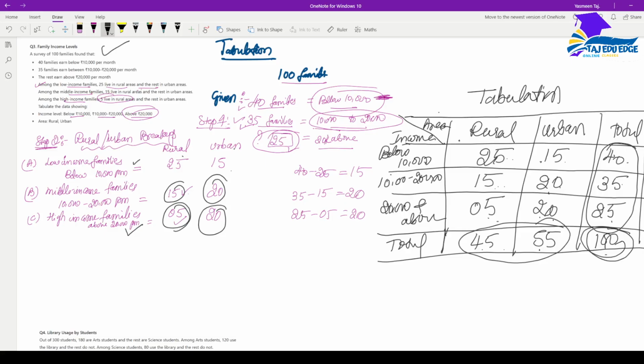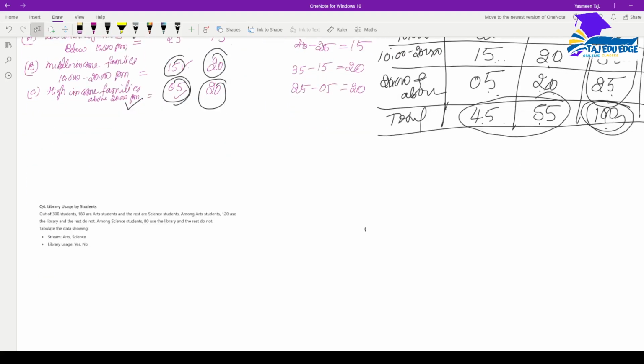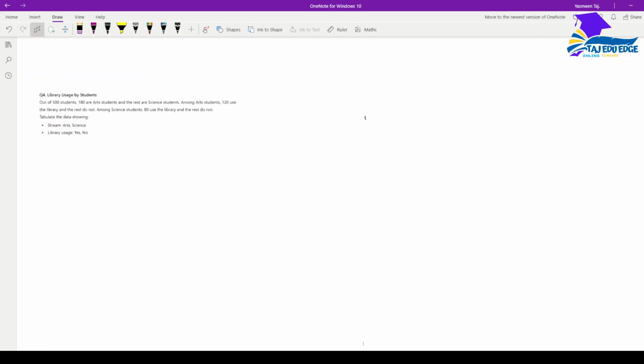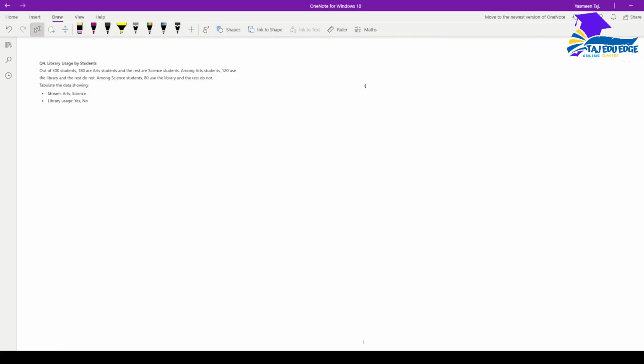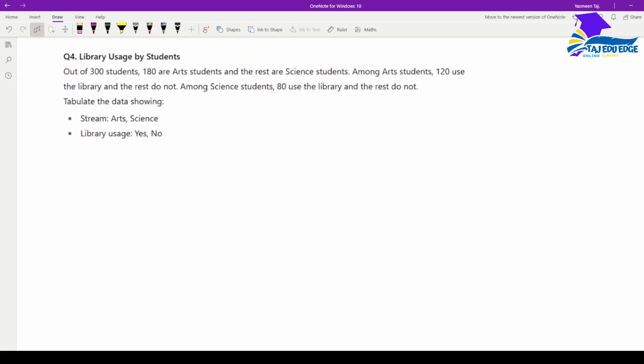Okay, next let's solve another question, the fourth question. The fourth question here says library usage by the students. Out of 300 students, 180 are arts students and the rest are science students.